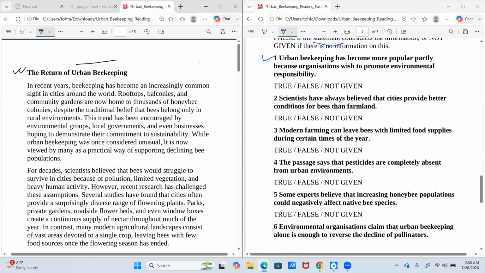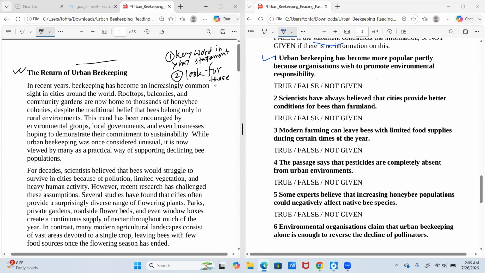Our first thing is to identify the keywords. Our first task is to highlight the keywords in your question, in your statement. Then we would be looking for those keywords in our passage, and then we would compare them side by side.